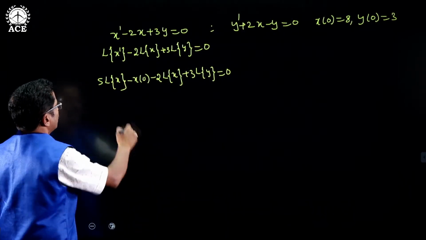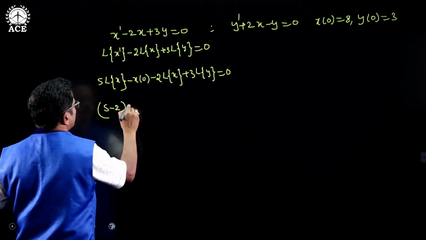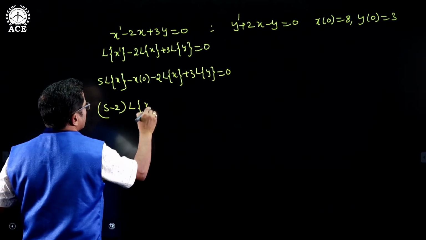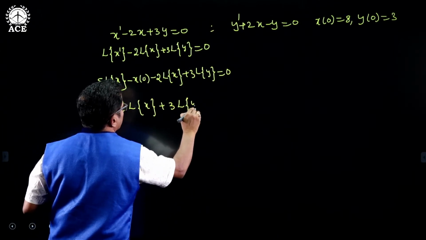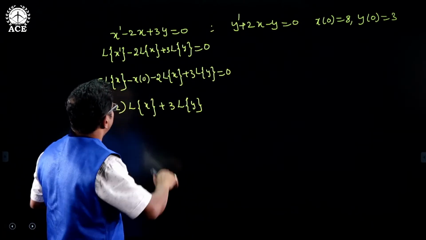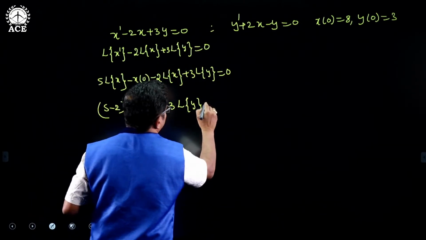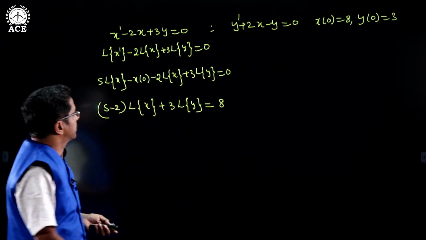Now L of x terms you write under a single group by taking common, plus 3 into L of y, and x of 0 is provided as 8, minus 8, if I bring that side is equal to 8. This is one equation.